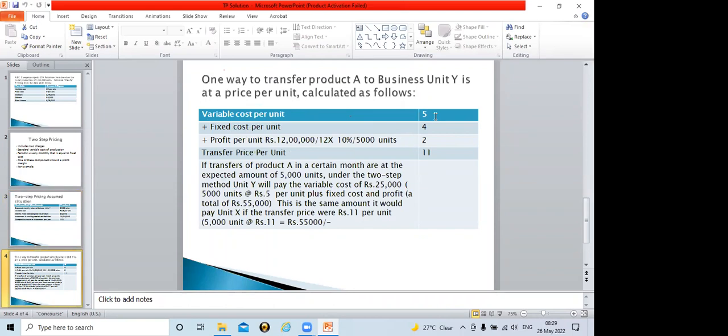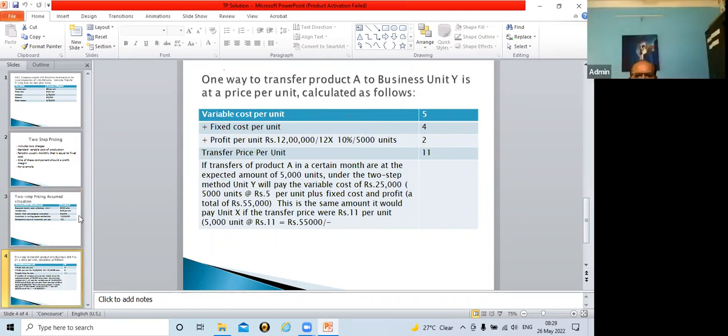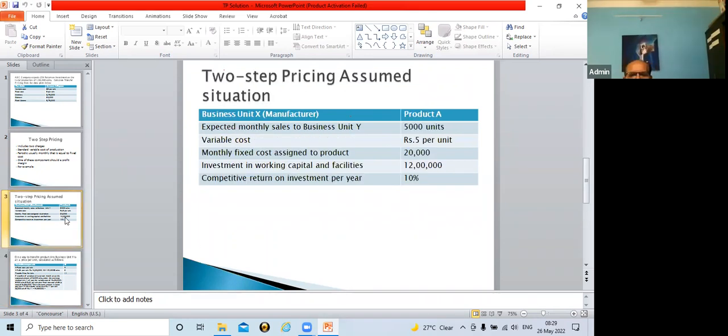Yes, sir. Understood? And then next, we have to calculate fixed cost, because this is two-step pricing. I told you there are two costs we have to identify: one is variable cost and the other is fixed cost. Now let us calculate fixed cost. Look at the third line in the numerical: monthly fixed cost assigned to product, 20,000.